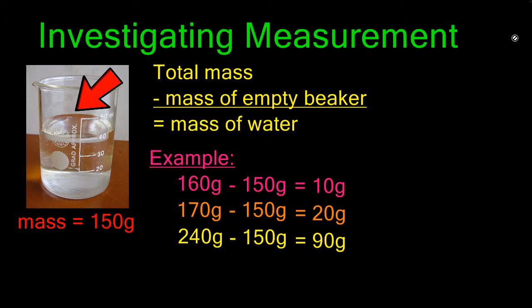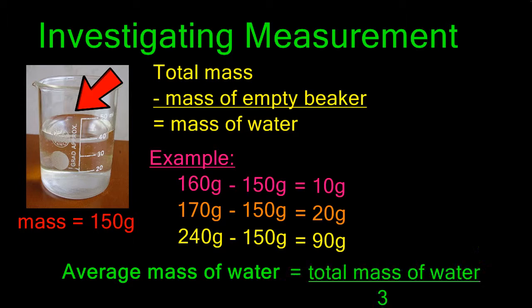Oftentimes, our labs require us to calculate averages. If we wanted to take the average amount of water that we had massed in this experiment, we would have to take the three values that we accumulated, 10, 20, and 90, and divide it by 3.